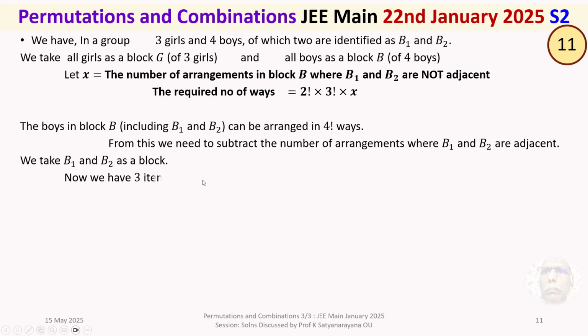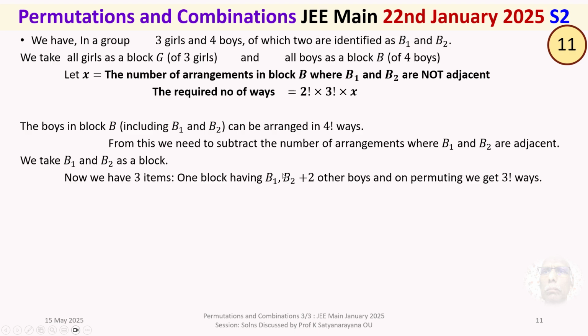Then we have 3 items: 1 block having B1 and B2, plus 2 other boys. And these 3 items can be permuted in 3 factorial ways.